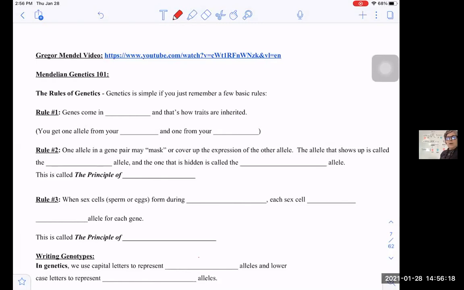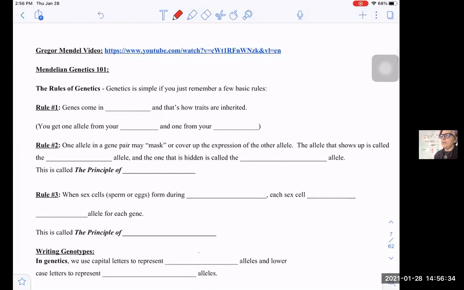And unfortunately for Mendel, the scientific community wasn't very nice to him, and they didn't really give him credit for what he did until after he died. So he discovered all of these rules, our ideas of how genetics work, even though he didn't really get recognized for it until after he was gone.